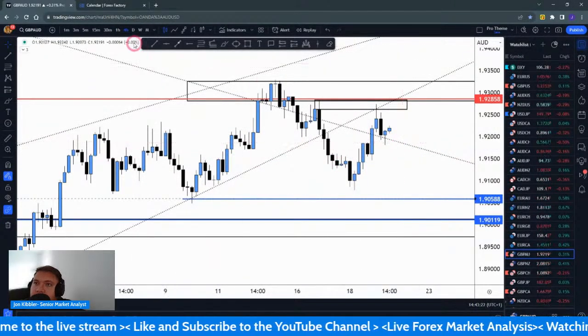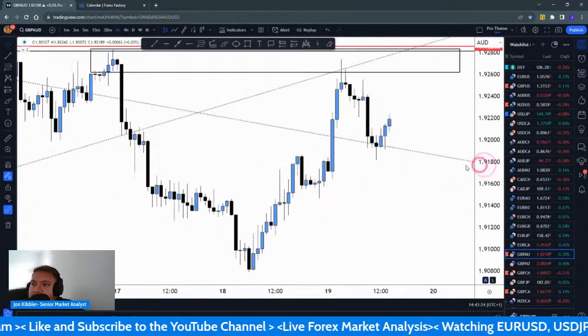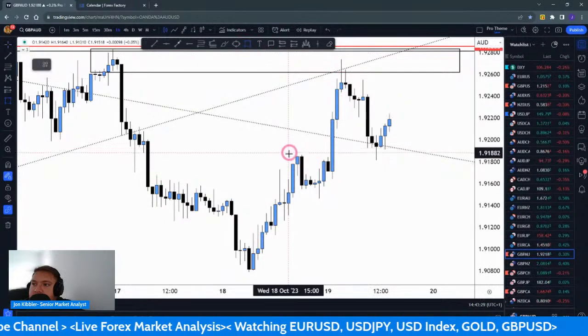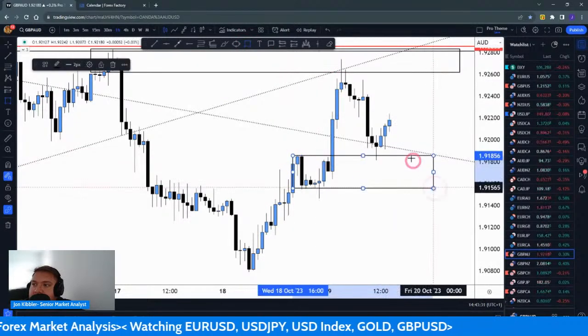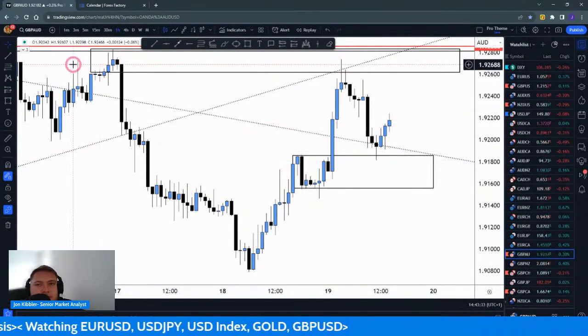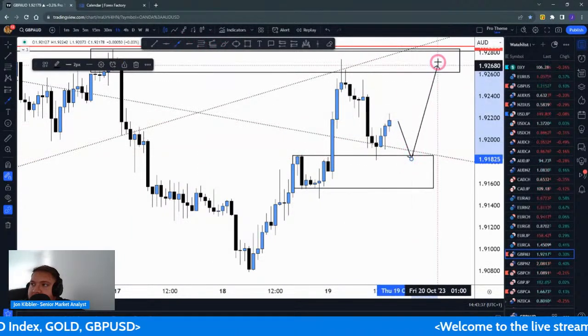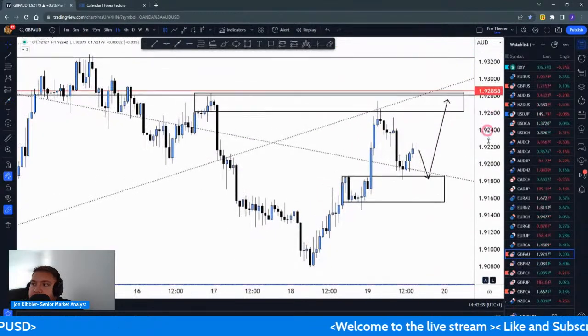Looking at it from a lower time frame, you can see that we've traded higher, consolidated. Price is now retesting that consolidation. So if you're an intraday trader, you could look for another move back into this level before looking for that key move to the upside.